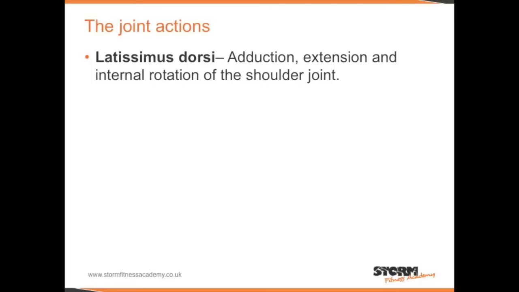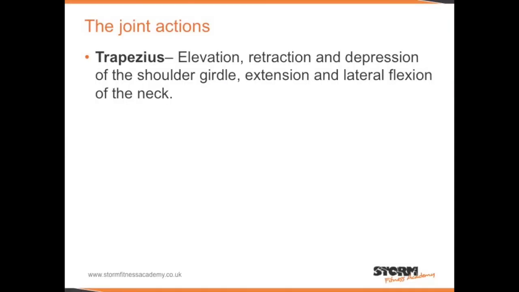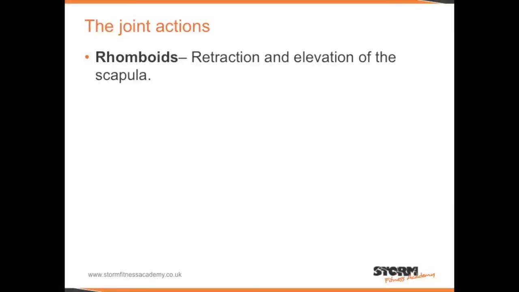The latissimus dorsi is responsible for several movements within the shoulder joint: adduction, extension, and internal rotation. The trapezius is responsible for several movements. The rhomboids are responsible for retraction and elevation of the scapula.